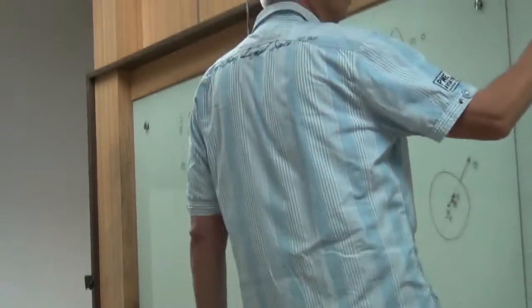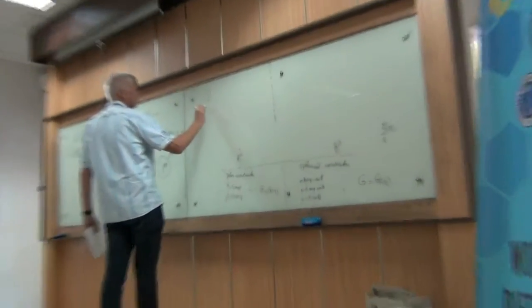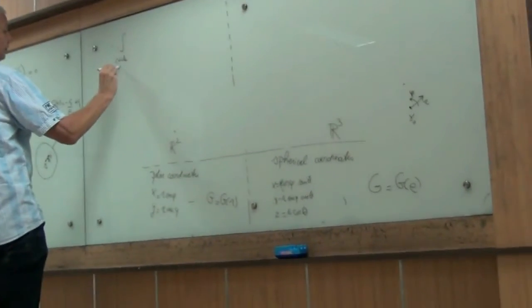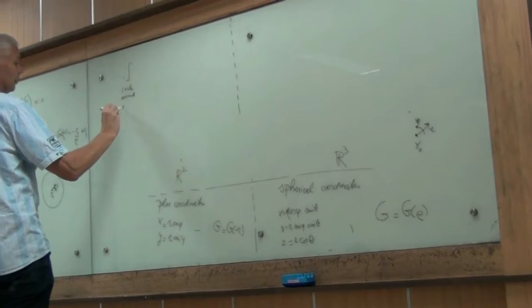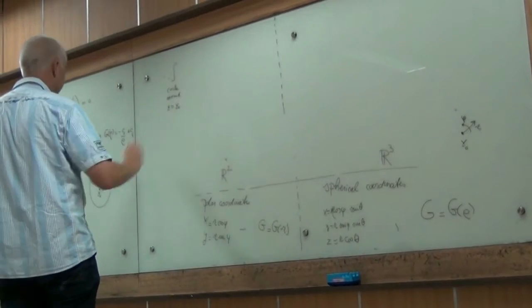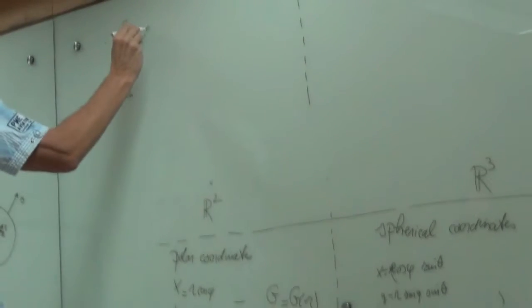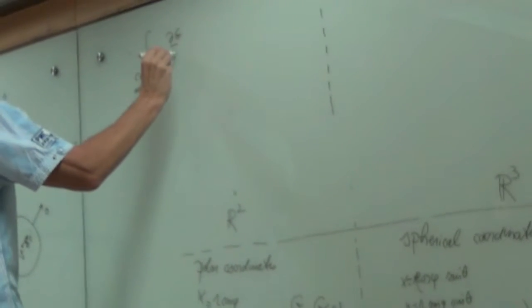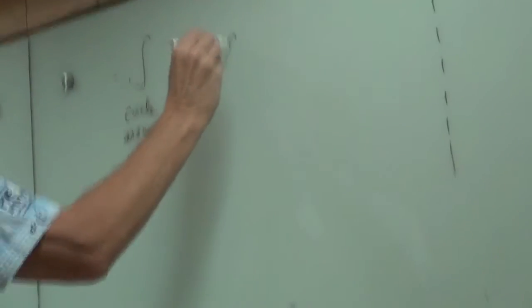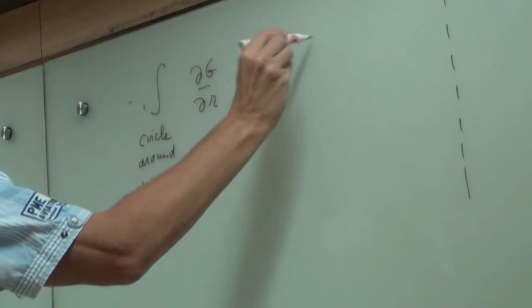So what I know is that in R2, over the circle around x0, my integral becomes dg/dr times dS, and that should be 1.